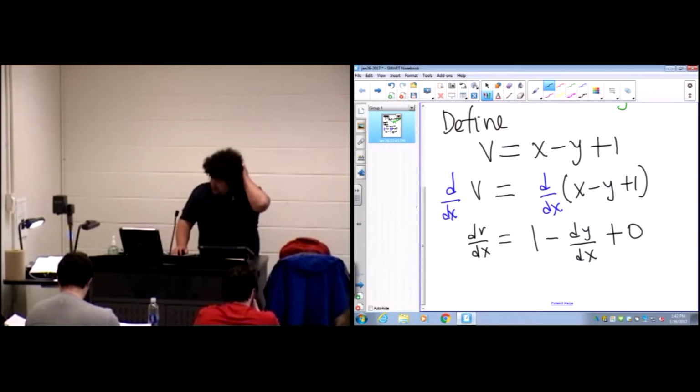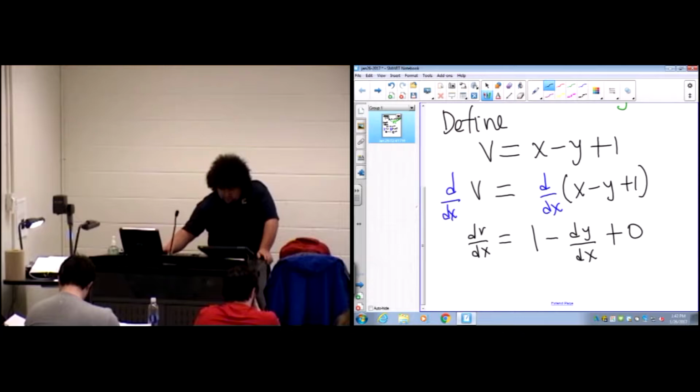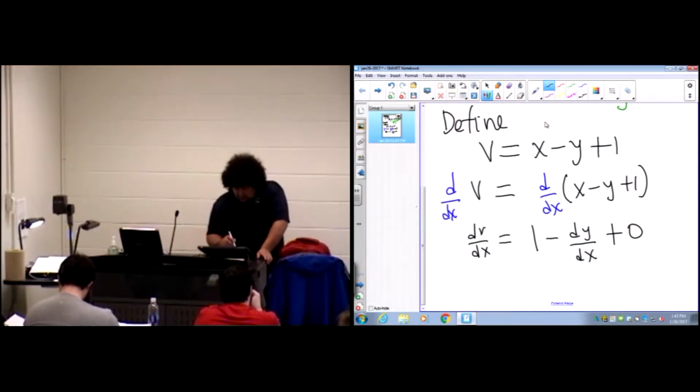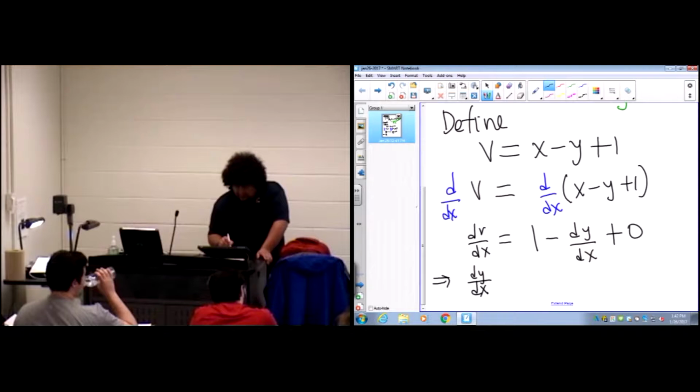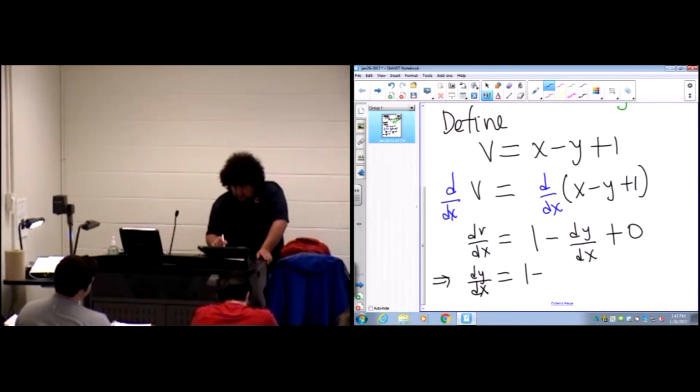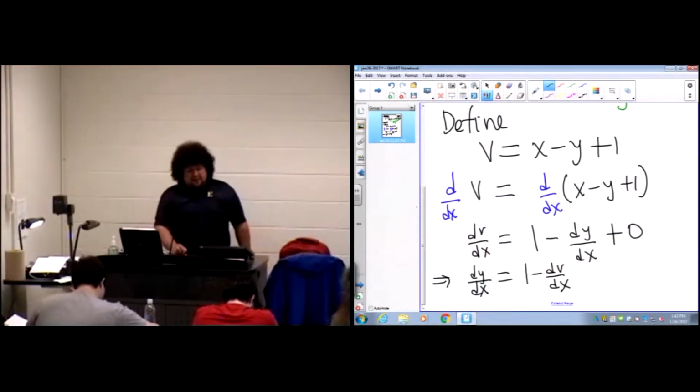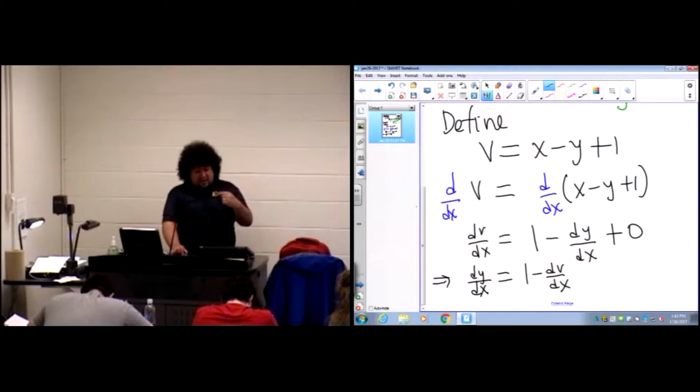So from the previous step, we can actually move the derivative of y to the left-hand side, and we would have that the derivative of y is 1 minus the derivative of v. Okay, and with this information, we can rewrite the original differential equation.